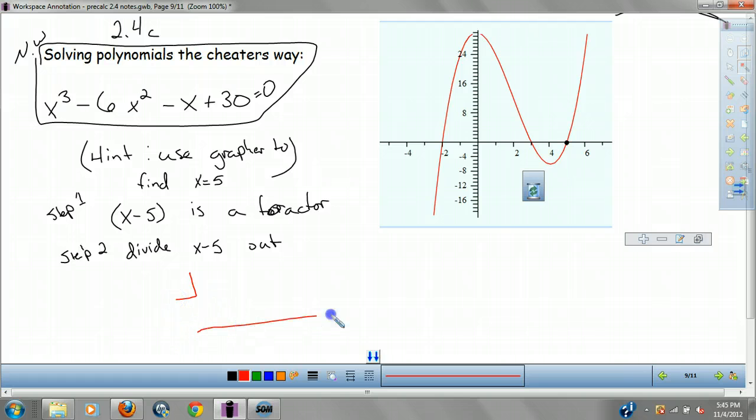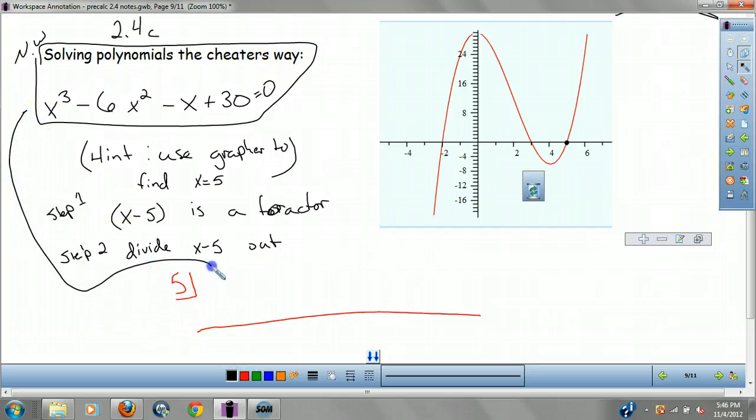Box up here, straight line across. I'm going to put my k up here, which for this one is 5. And my polynomial is going to go here, or at least the coefficients are. So I get 1, -6, -1, and 30.